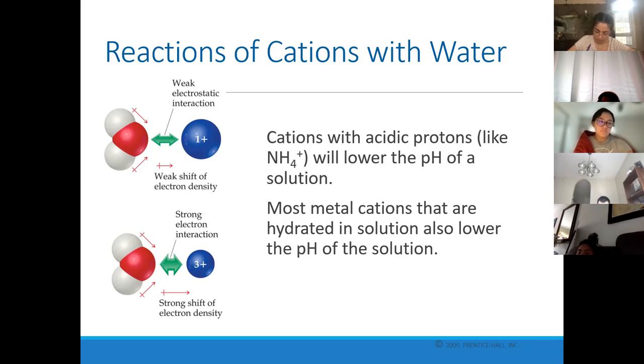If a metal cation, the cation will react with H2O to grab an OH minus from it, generating H+, which reacts with water to make H3O+. In both instances, the metal cation or the NH4+ act as acids.